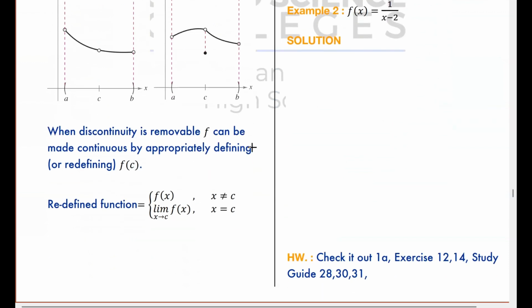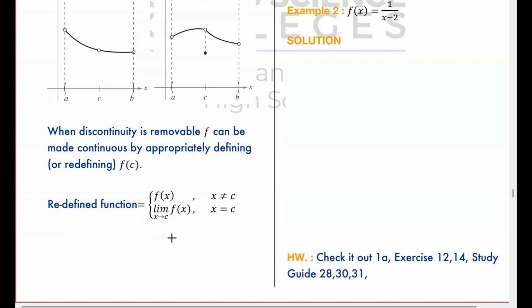So how do you redefine the function if the discontinuity is removable? It's pretty simple. We are going to write a piecewise function for this situation. We will have two conditions: x equals the given value and x is not equal to the given value. For x not equal to the given value, we write the original function. For x equal to the given value, we write the value of the limit.